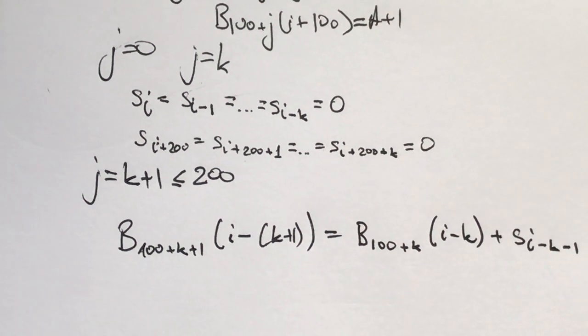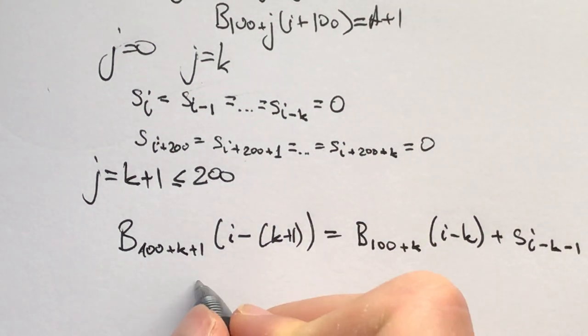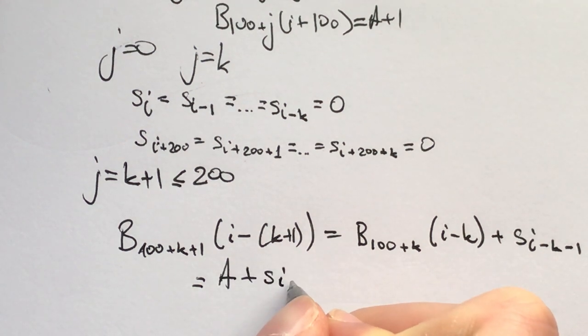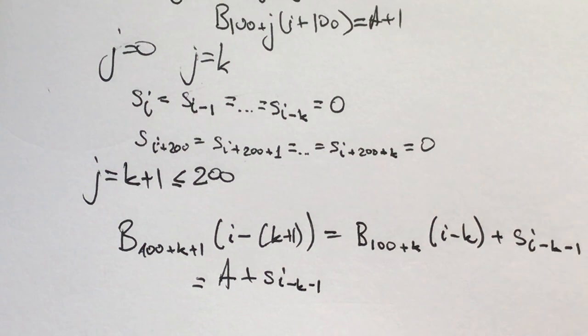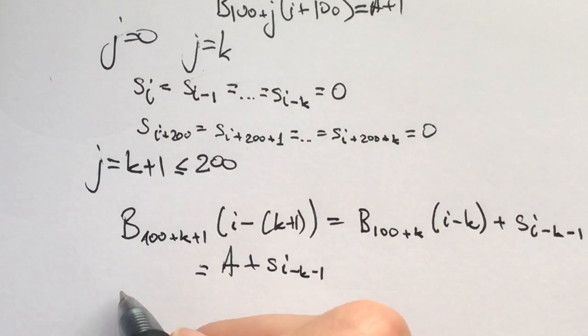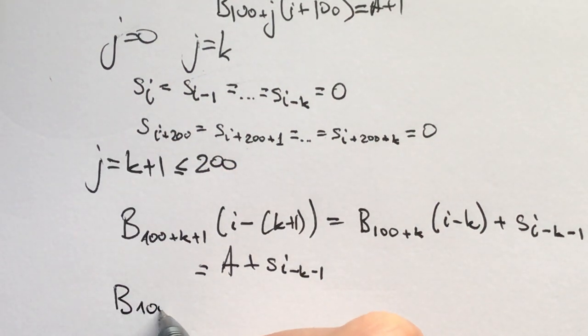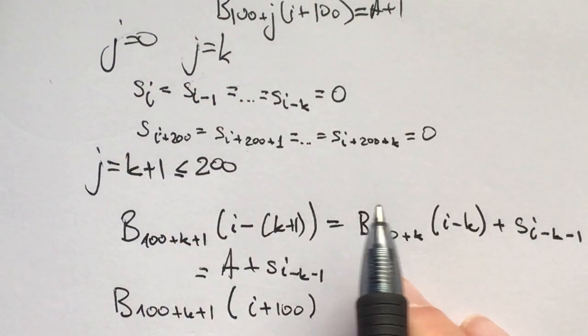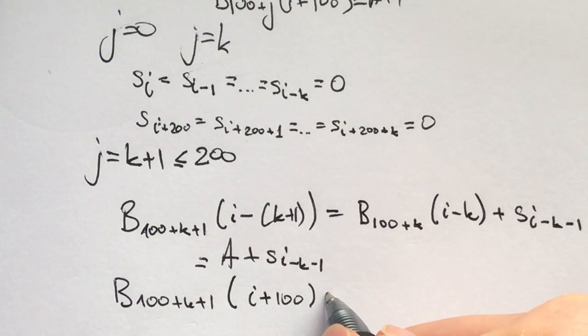And to show that fully, we know this via induction is going to be equal to a plus s_{i-k-1}. Now, on the other hand, we know that b_{100+k+1}(i+100) is going to be equaling what?